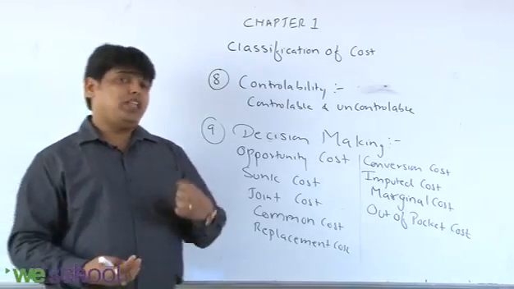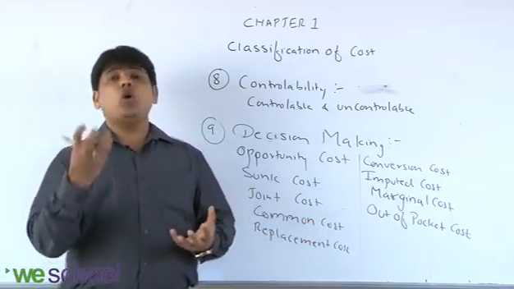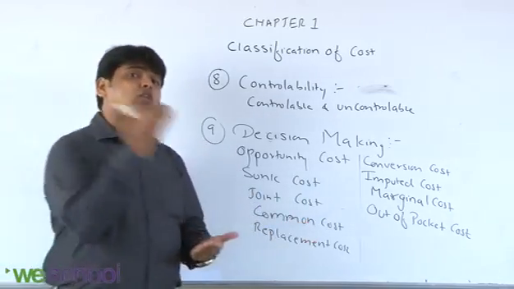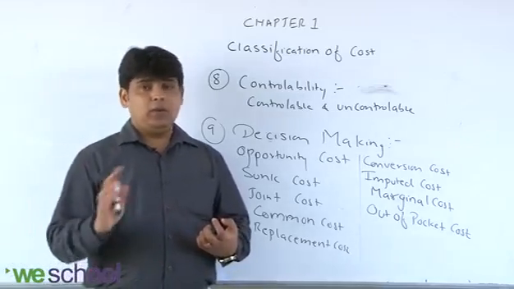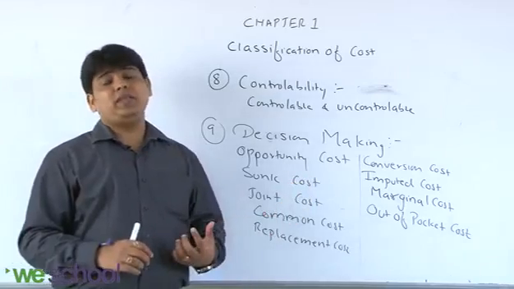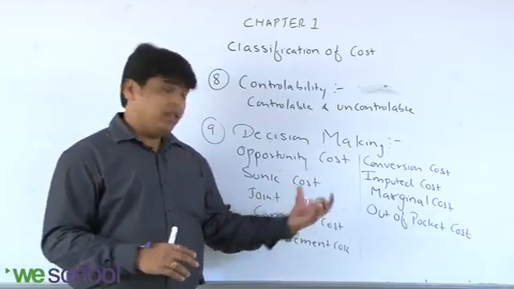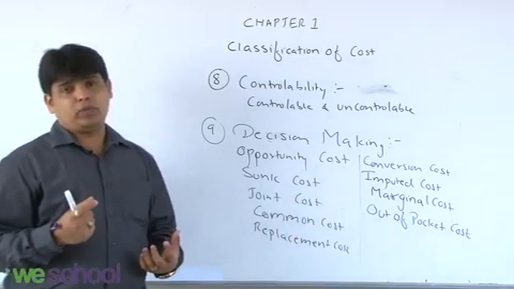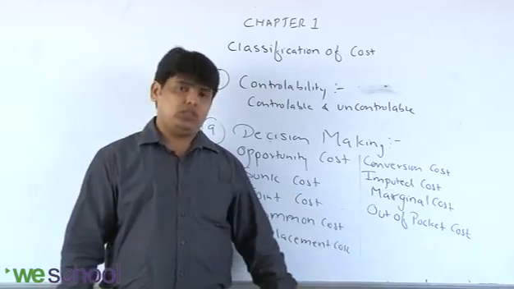As per the accounting concept, it is shown as an expense, because in order to calculate the cost of the product I have to include this cost in my production cost. But the income tax department does not take this as a business expense. They disallow it, right? But for the calculation of production cost I have to include it, which is called imputed cost.